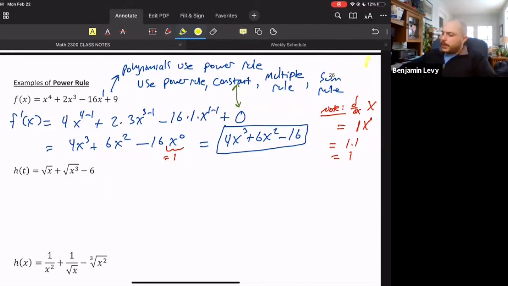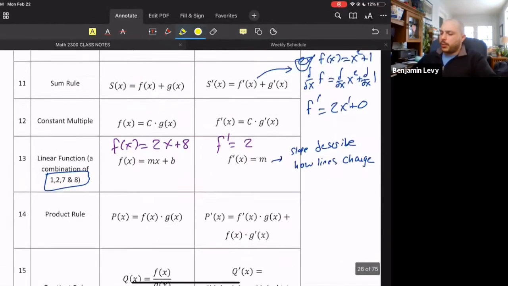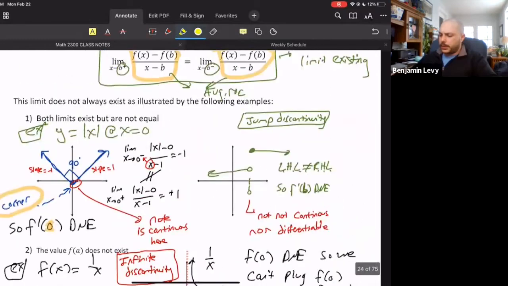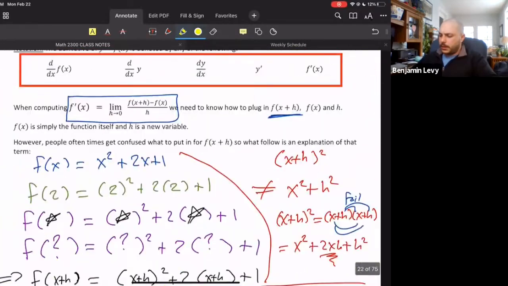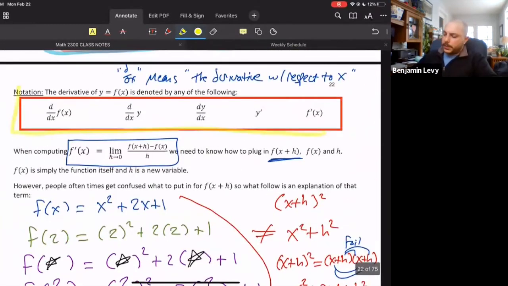Is everyone okay with this notation, d over dx? I mentioned it last class, but I haven't mentioned it again. Maybe I'll slide up and point out where it says it. Right here, all the different ways that we can say take the derivative, and one of them is d over dx. D over dx means take the derivative with respect to x.